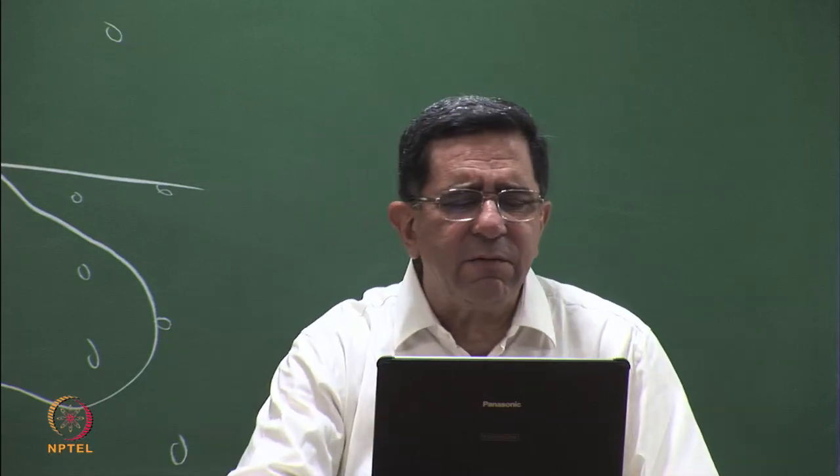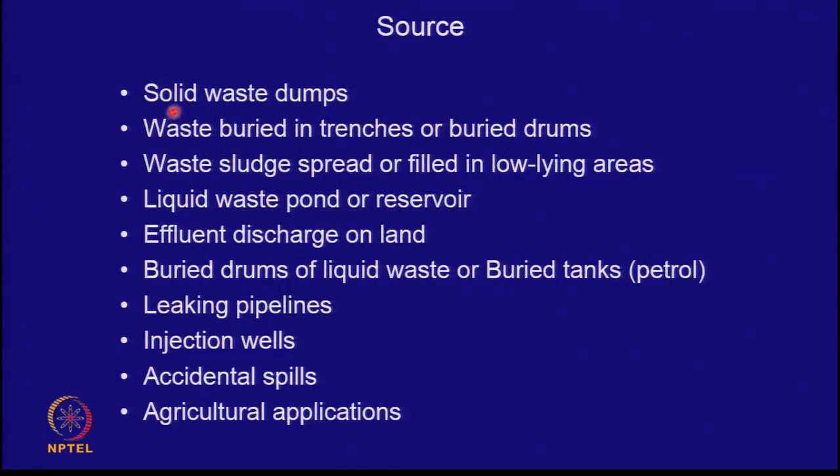Just to recollect, we have done this before. Your source of contamination can be the solid waste dumps, which we have done a lot about. People may have buried their waste in trenches or put drums at a site and buried it. The sludge coming out of a small effluent treatment plant of a factory may have been applied on land, or filled in low-lying areas.